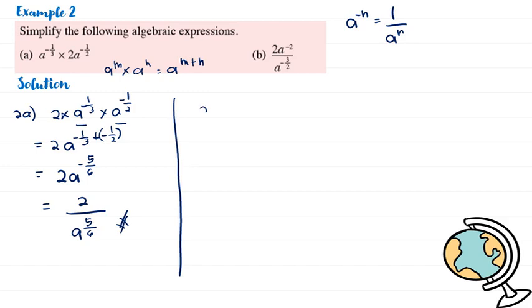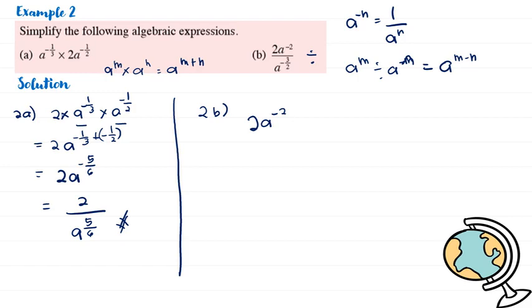While for question 2b, since this one is over, it involves division, so a power of m divided by a power of n becomes a power of m minus n. So this one we just solve for question b is 2a power of negative 2.